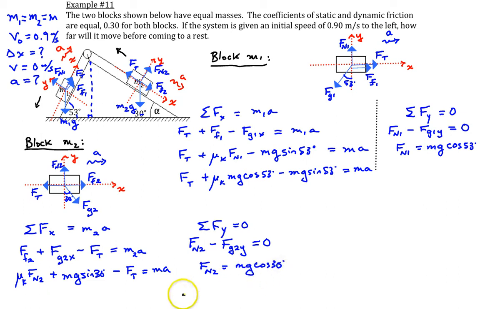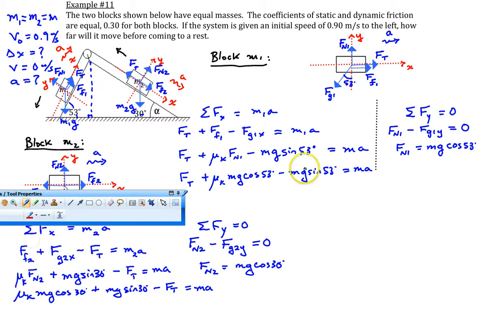And now let's sub that expression into here, and so we'll have mu k times mg cosine 30 plus mg times sine 30 minus the tension equals ma. And so once again, you have another expression where you have a tension and an acceleration, and we need to solve these two equations.